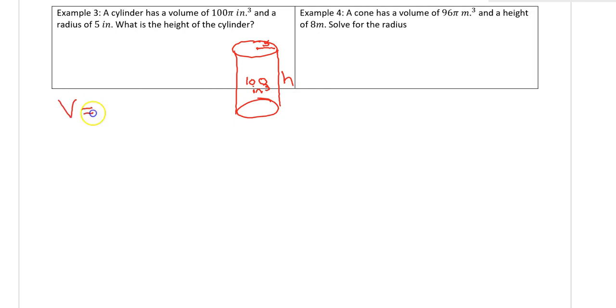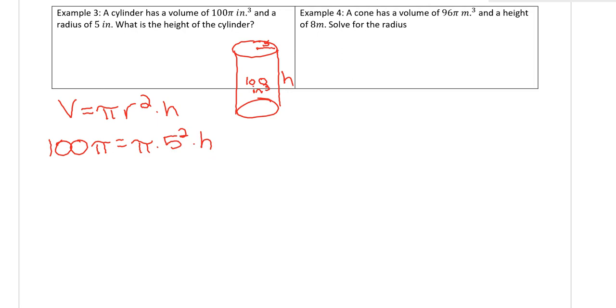I'm going to start with the volume of my cylinder, pi r squared times height. And then I'm going to plug everything in. So I know my volume, right? Volume is 100 pi equals pi times my r, 5 squared, times my height.